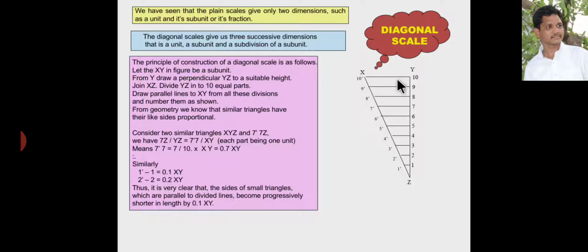So XY is the subdivision and these are the subdivisions of the subunit. This is the basic principle of a diagonal scale.